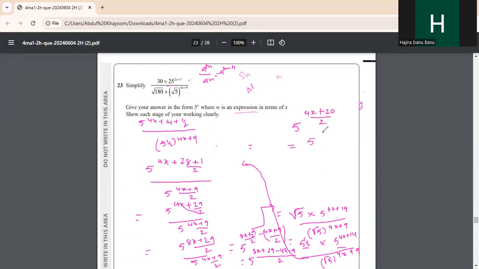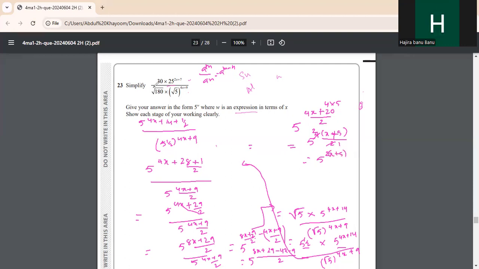Then 5 power, taking 4 common, it will be x plus 5 in this. 4x and 20 can be written as 4 times 5. So I'm taking 4 common. 4 into x plus 5 divided by 2. 2 times 1, 2 times 2 is 4. So I'm left with 5 power 2x plus 5.